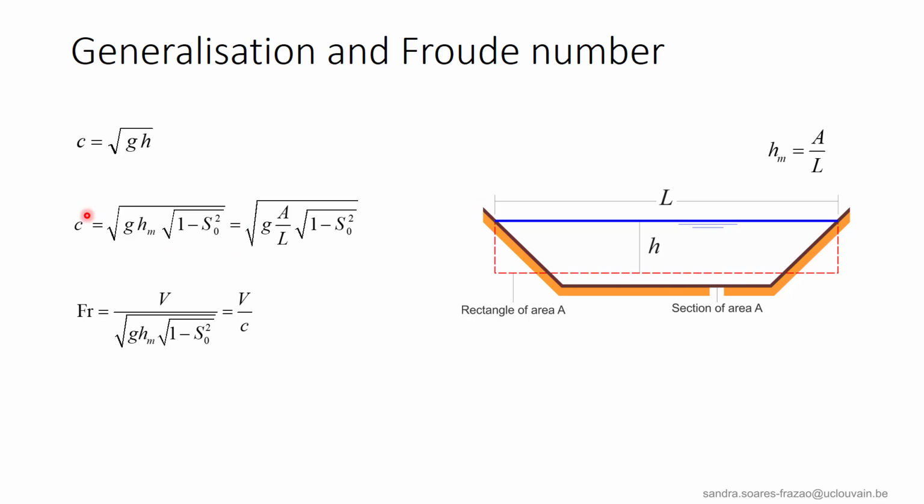So, in fact, this term that we just wrote here is exactly the denominator of the Froude number that we have introduced in a previous lesson. So the Froude number is actually the ratio between the flow velocity and the wave celerity.